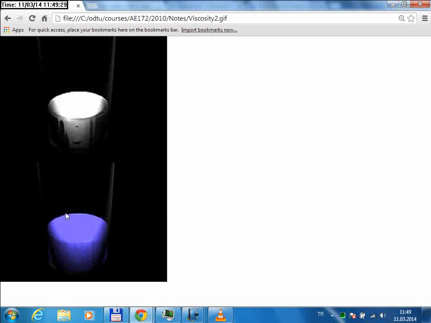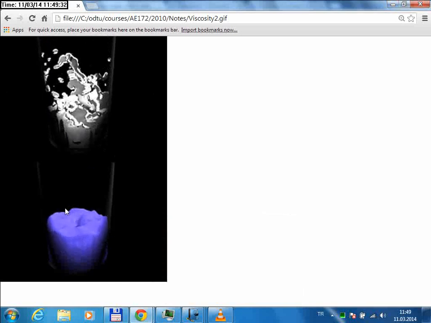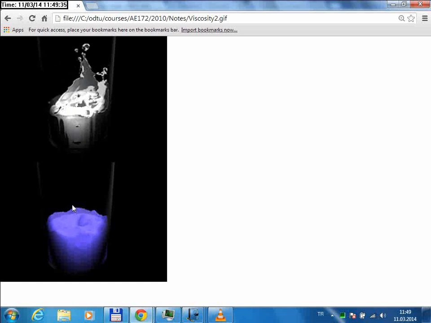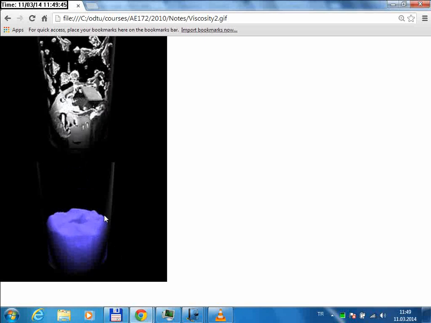Or I can give you conditions such that an object dropped into a cup of water would sink just slowly, just like in this example. So obviously viscosity is an important factor, but there are other things. And these other things are all taken into account using this Reynolds number.